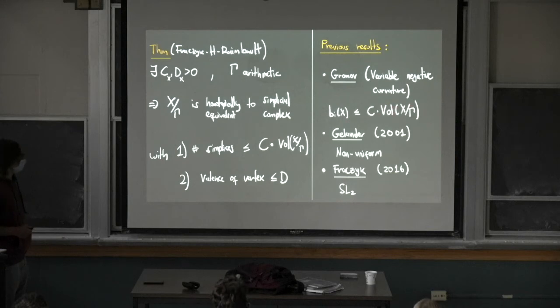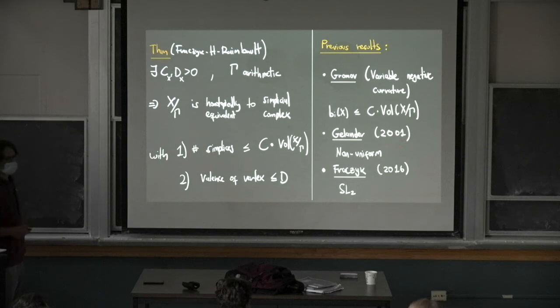This is a consequence of the fact that when you take the homology, the number of simplices is bounded by this. Also, Gelander in 2001 proved this for non-uniform lattices. So our contribution is to the lattices that are co-compact, uniform.